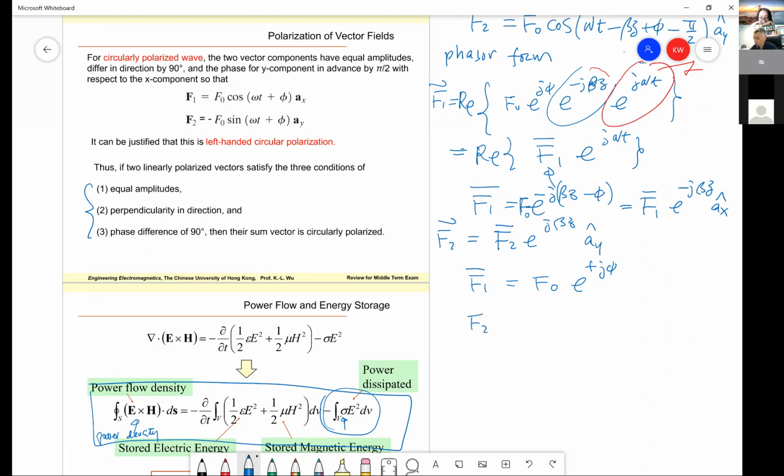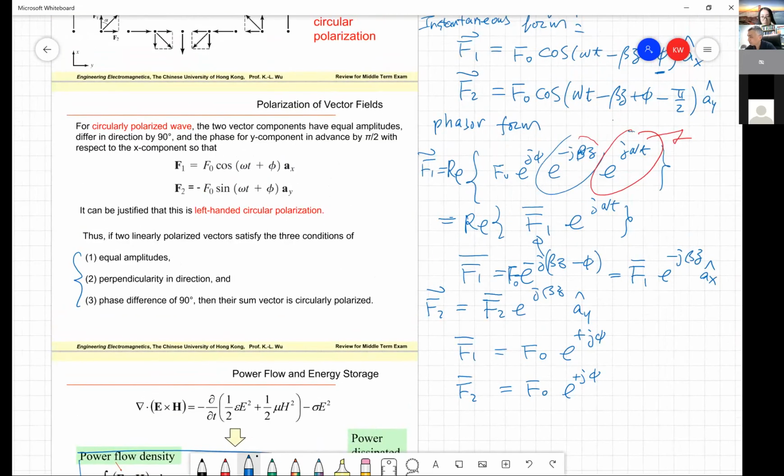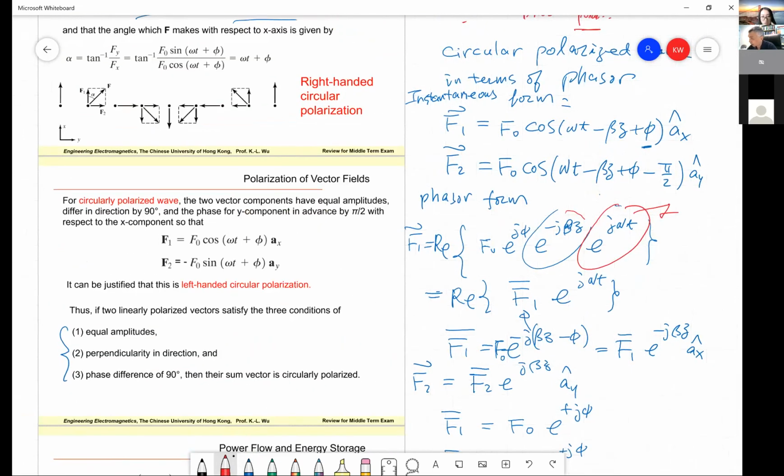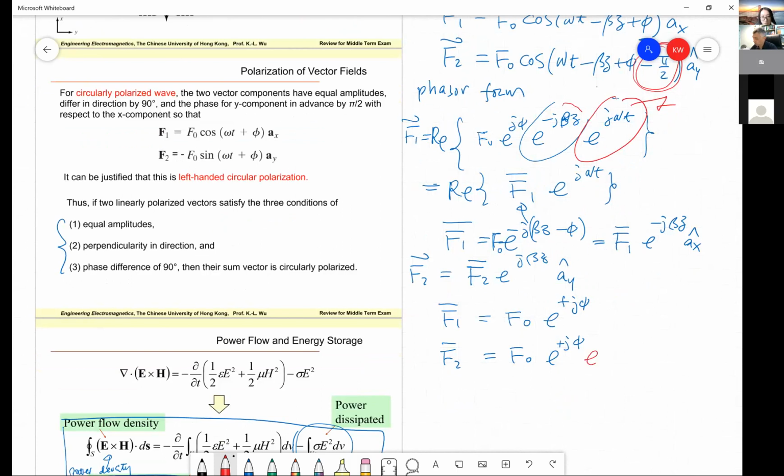And F2 also has some magnitude. In addition to this phase, I have another thing, because I have this minus pi over 2. This minus pi over 2, I can put in this way, which equals minus j F1.